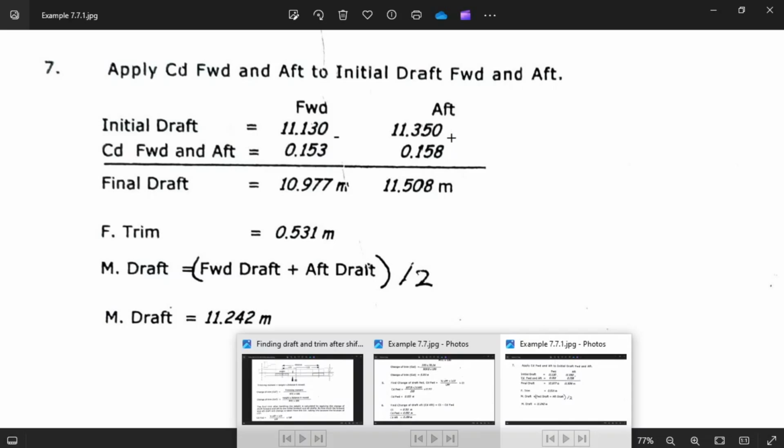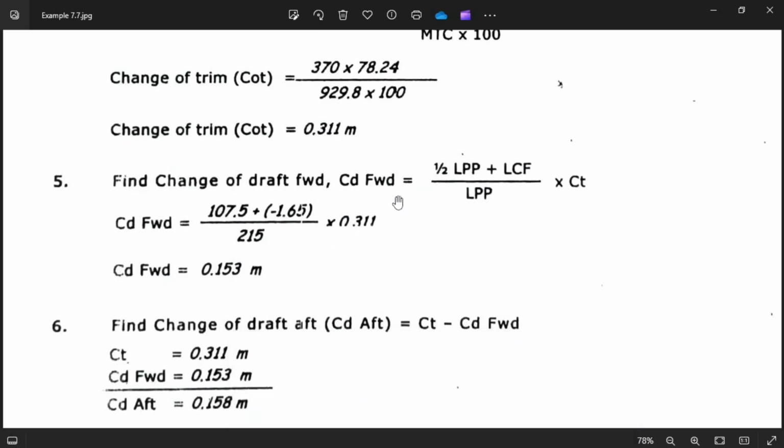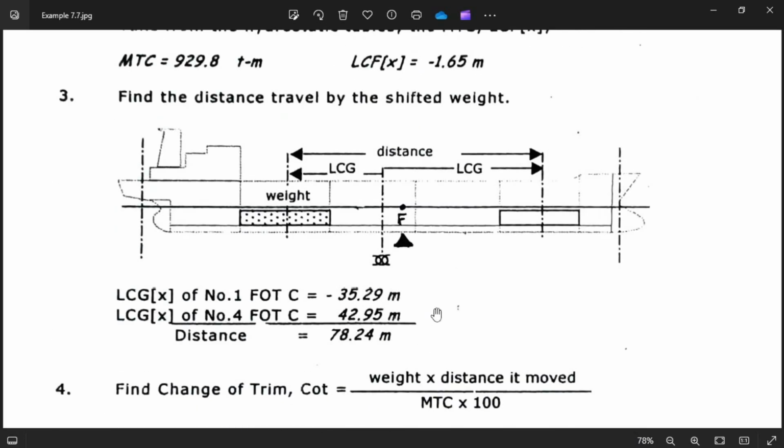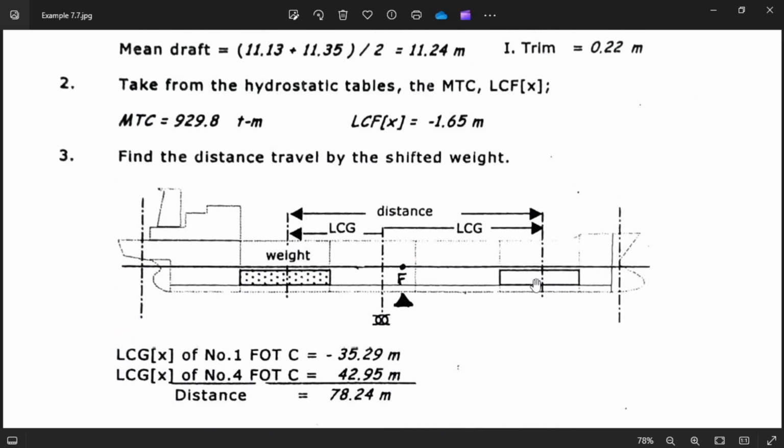Now look guys, you are shifting the weight from fuel oil tank number 1 center to fuel oil tank number 4. If you take out weight here, the tendency of this vessel forward will rise.